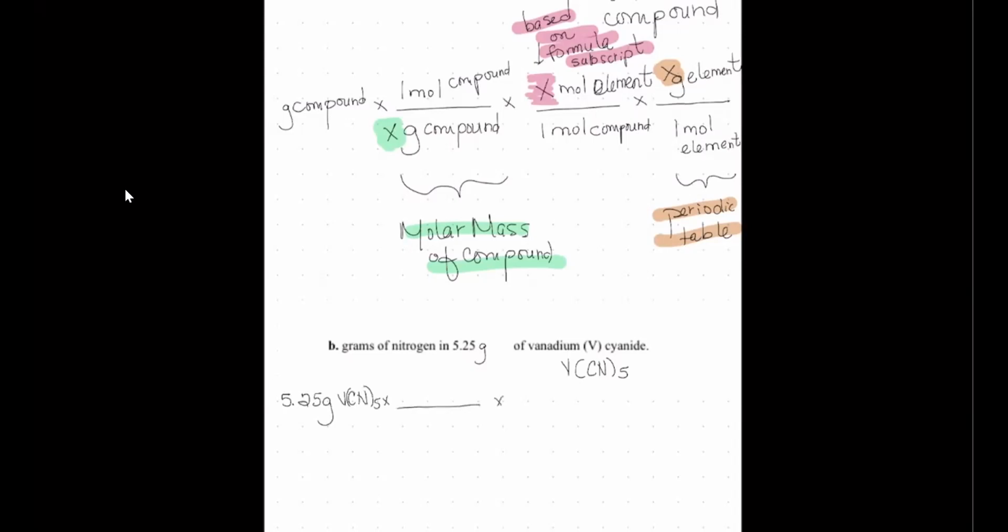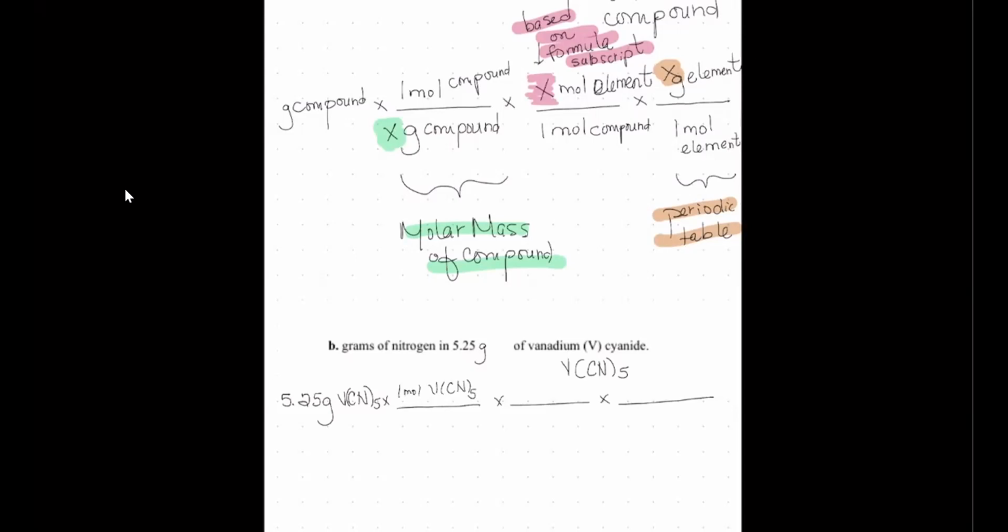In a problem like this, we have 3 conversion factors. Always, you guys, always. So in the first one, as you can see on top, I'm going to write 1 mole of VCN5.